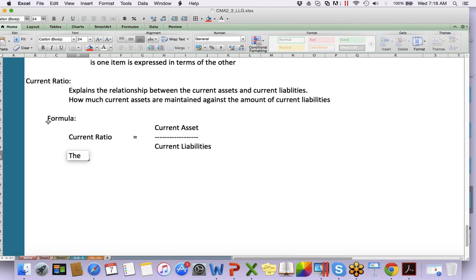The standard norm of this ratio is 2:1. 2:1 means 2 times in current assets against 1 time current liability. Say for example, if you have 1 million current liabilities, there should be a current asset of $2 million.